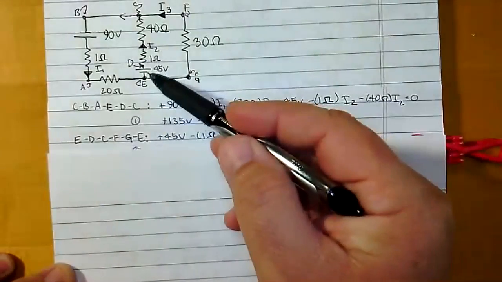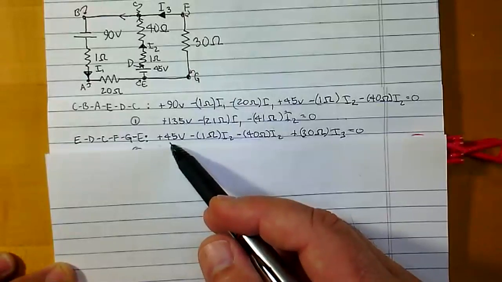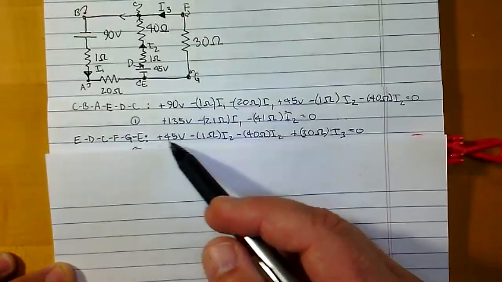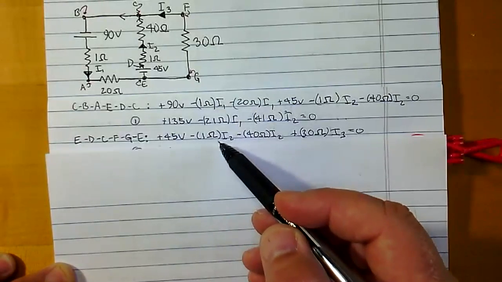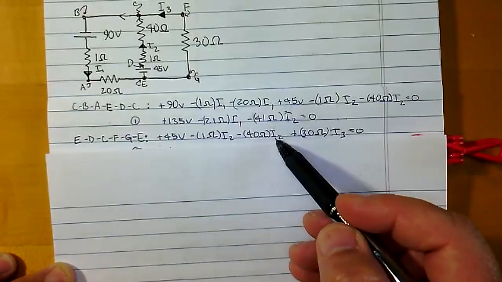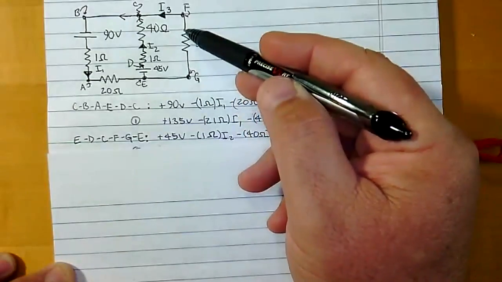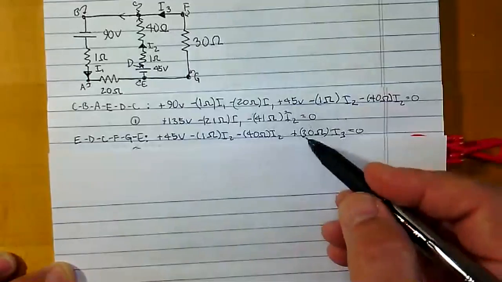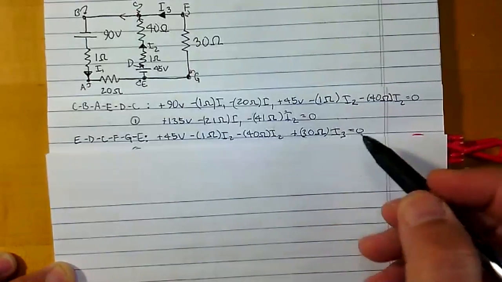So first off, I go from the negative to the positive terminal of a 45-volt battery. That's a voltage increase of 45, so I'll put plus since it's an increase. Minus 1 ohm times I2, minus 40 ohms times I2. And then I finally get to this resistor, and I'm going in the opposite direction of current, so it must be a voltage increase of 30 ohms times I3.